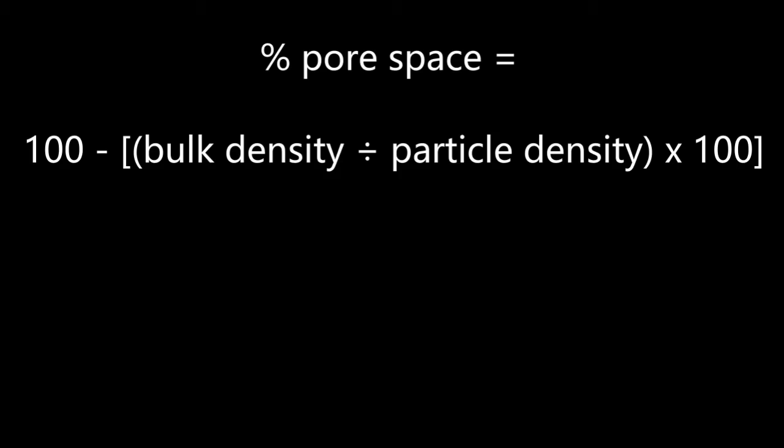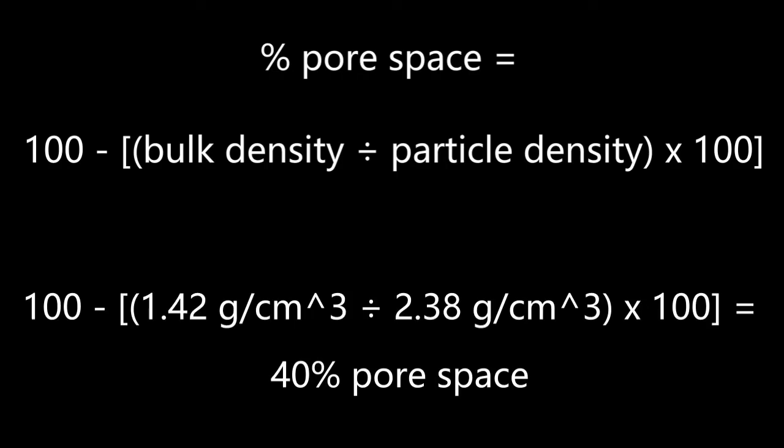To calculate the percent pore space, we divide the bulk density by the particle density, multiply by 100, and then subtract from 100. A soil with a bulk density of 1.42 grams per cubic centimeter and a particle density of 2.38 grams per cubic centimeter would have 40% pore space.